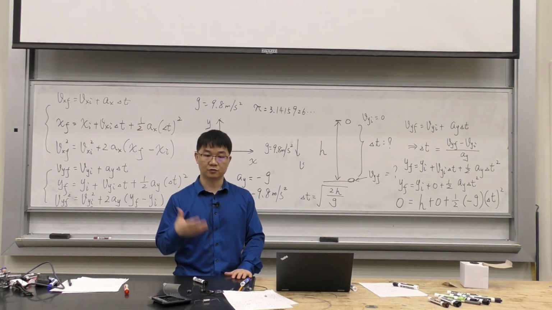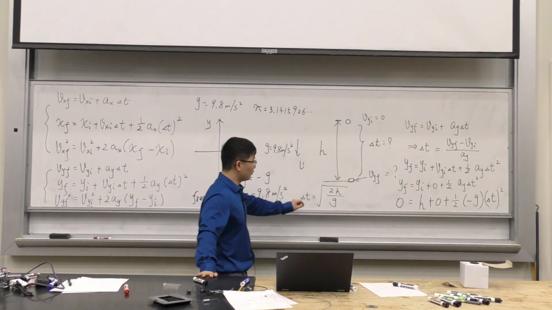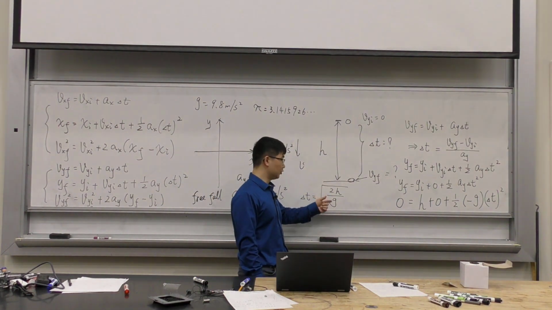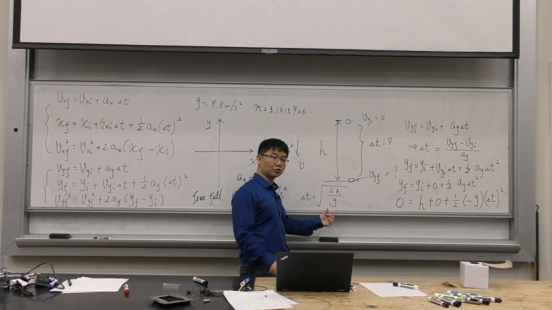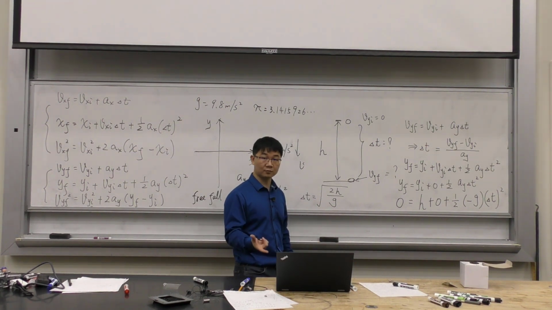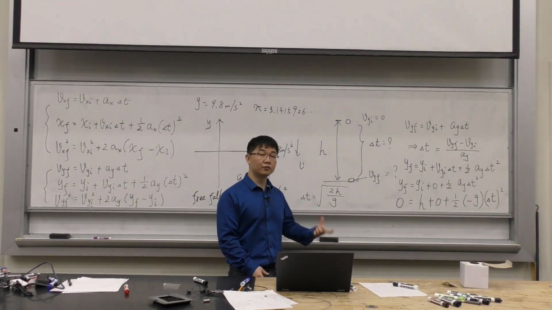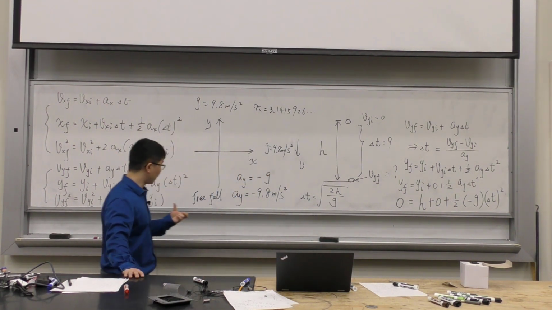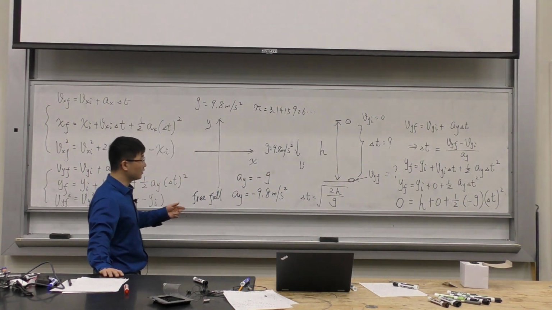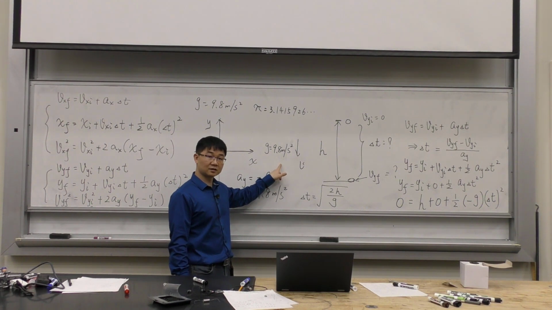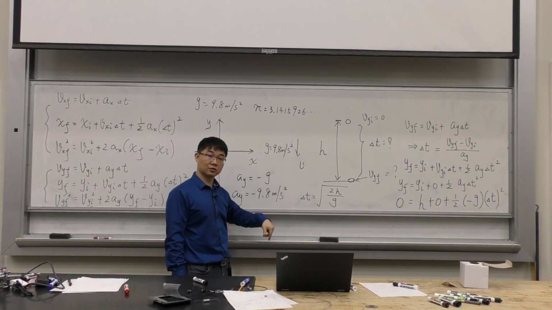If you want to use a feather, you should go to the moon. You drop anything at a certain height, you can always use this expression to predict the falling time, right? If free fall is a constant acceleration motion with 9.8 meters per second squared as the acceleration, right?